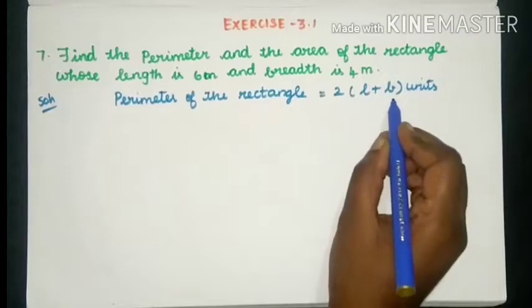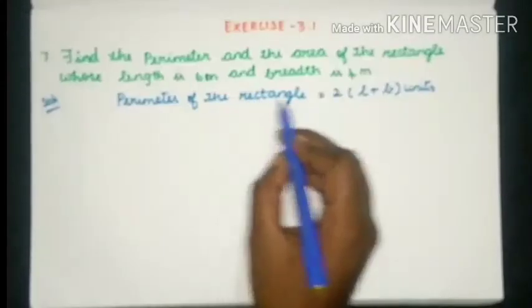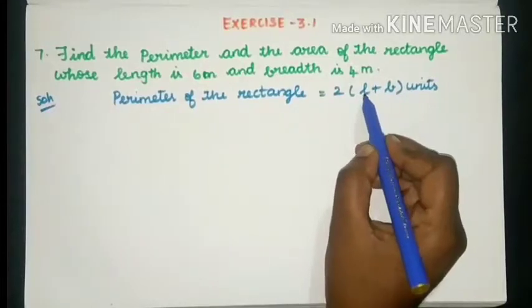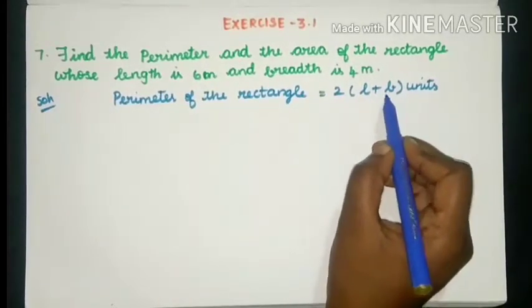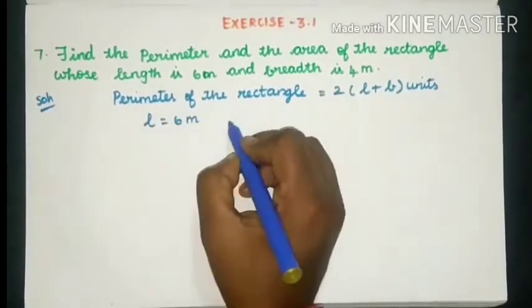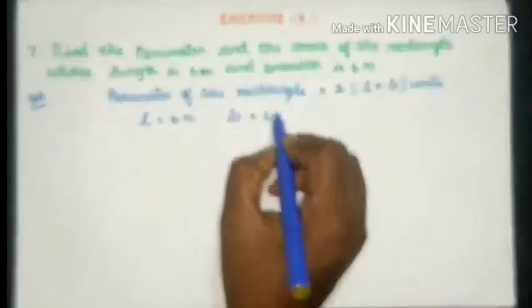Here L represents length and B represents breadth. Perimeter of the rectangle is equal to 2 into L plus B units. Here the given length is equal to 6 meter and breadth is equal to 4 meter.